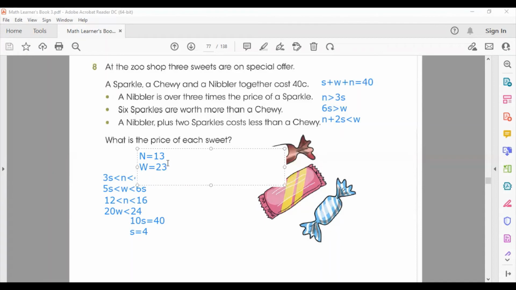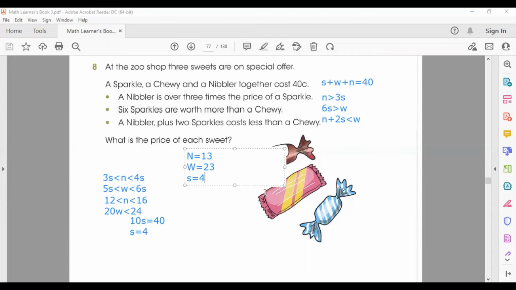So S is equal to 23 plus 13, 36, and plus 4, 40. So the price for sparkle is 40.